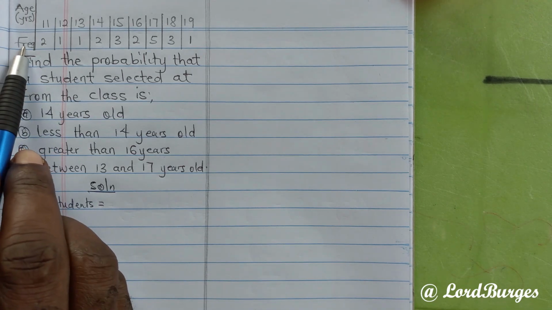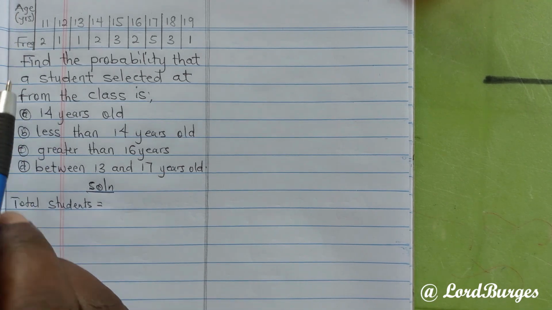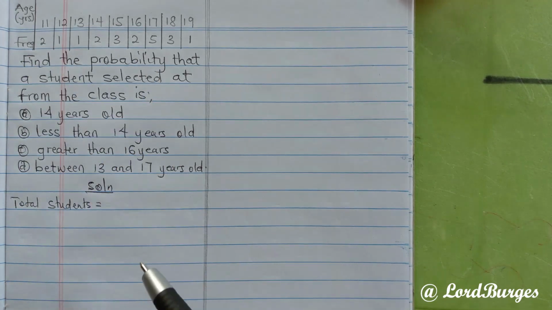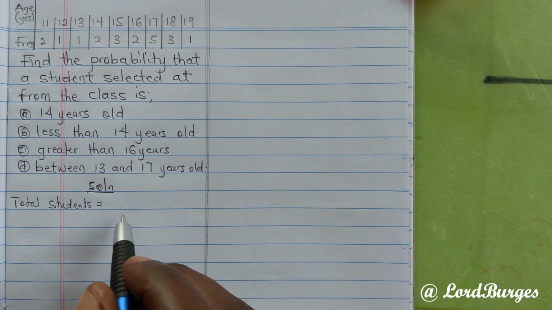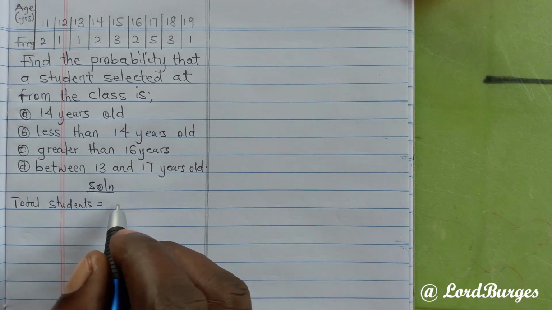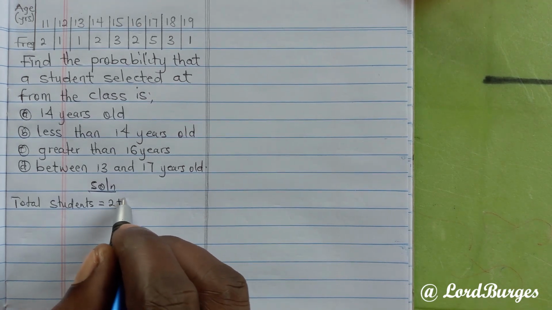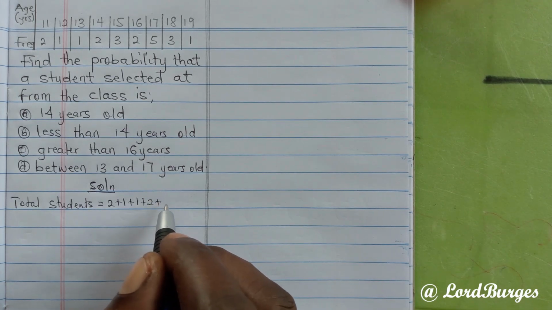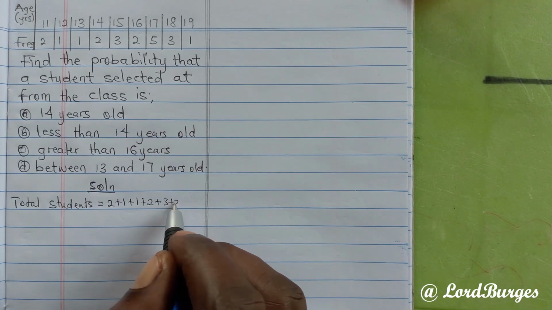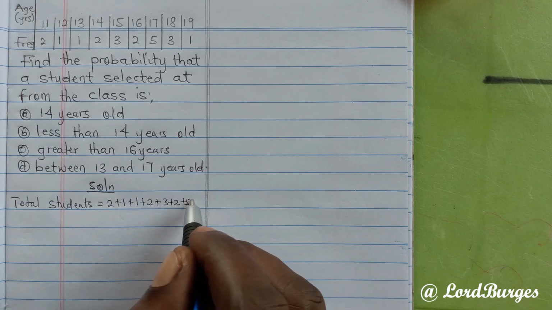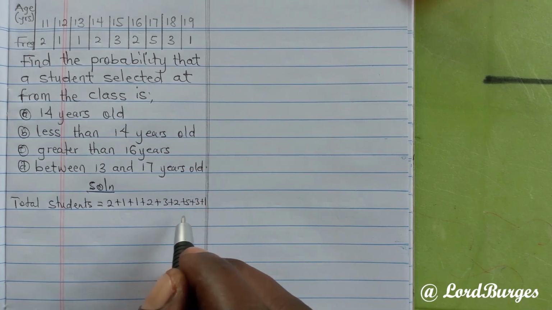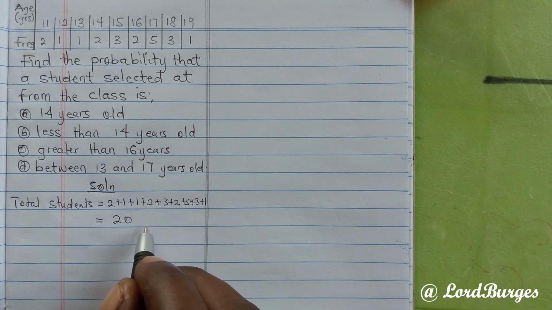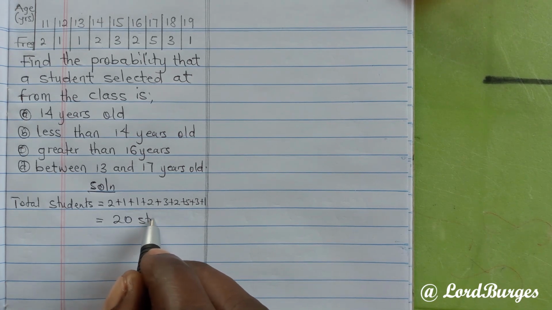So we have the age in years and frequency. The frequency is the number of students per the ages we have over there. So we have 2 plus 1 plus 1 plus 2 plus 3 plus 2 plus 5 plus 3 plus 1, which is giving us 20 students.